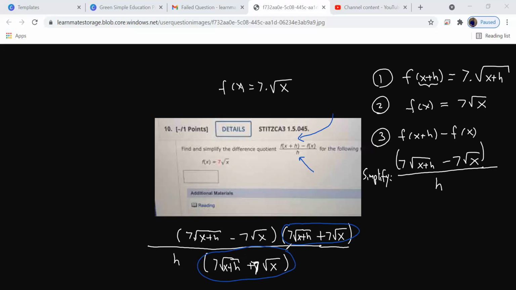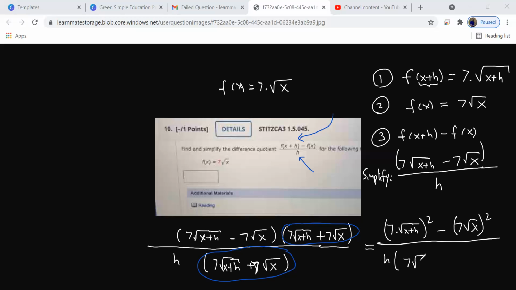Now I'm just going to simplify this. When you FOIL the top, it's just going to be 7 times root x plus h squared minus 7 times root x squared, divided by the stuff on the bottom.